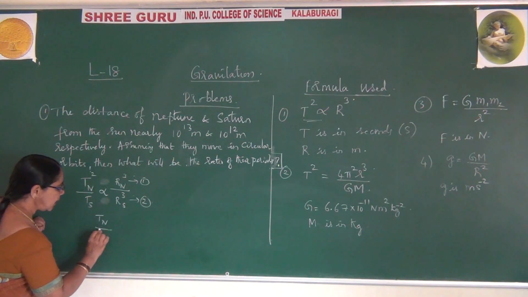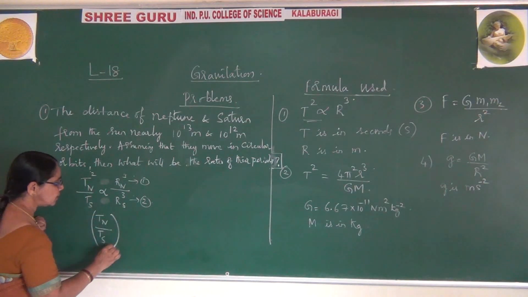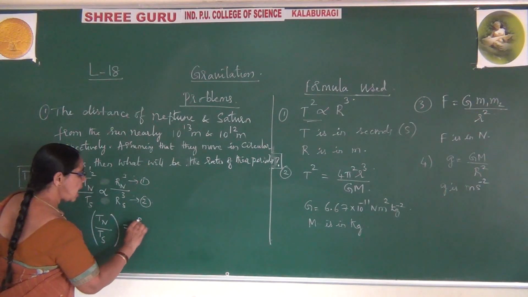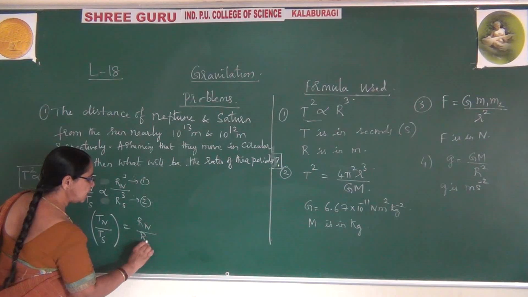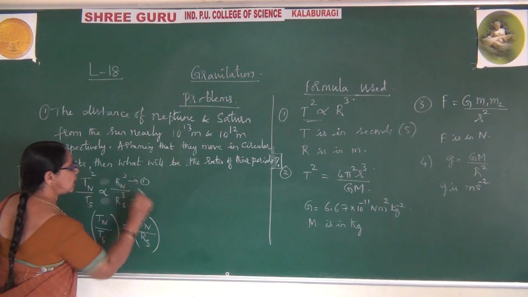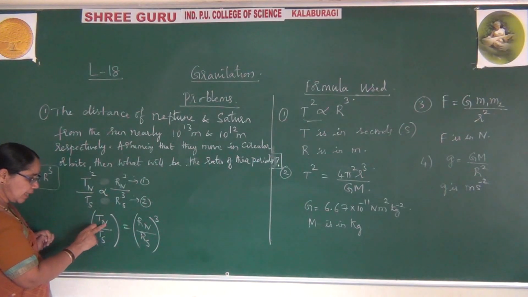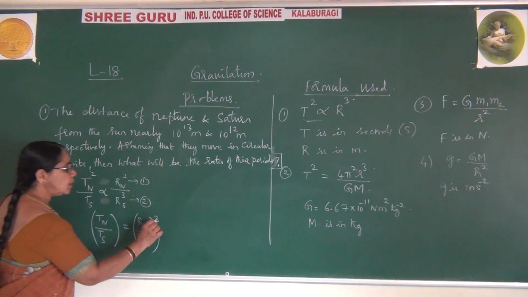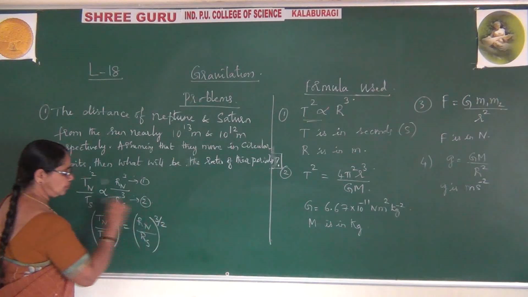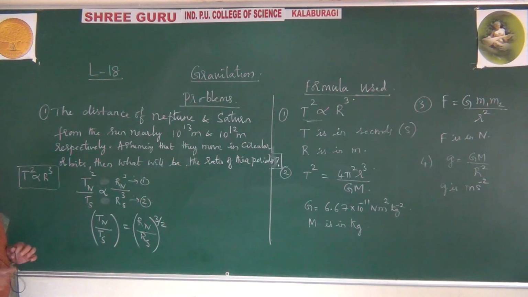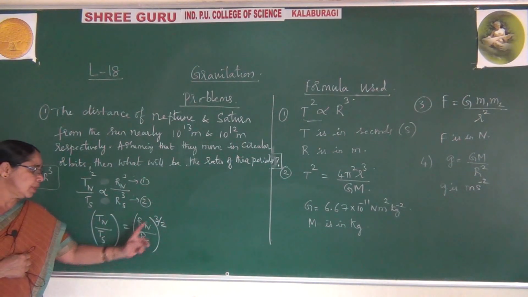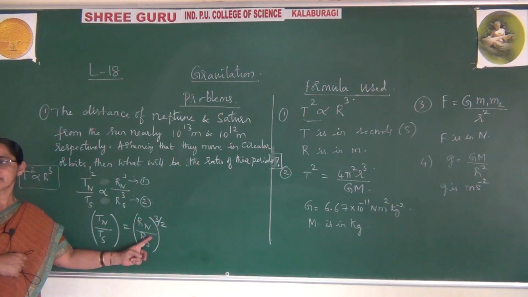Tn by Ts is equal to Rn by Rs to the power of 3, but since it is T square here and I have written only Tn, I should take the square root, so that becomes the power of 3 by 2.